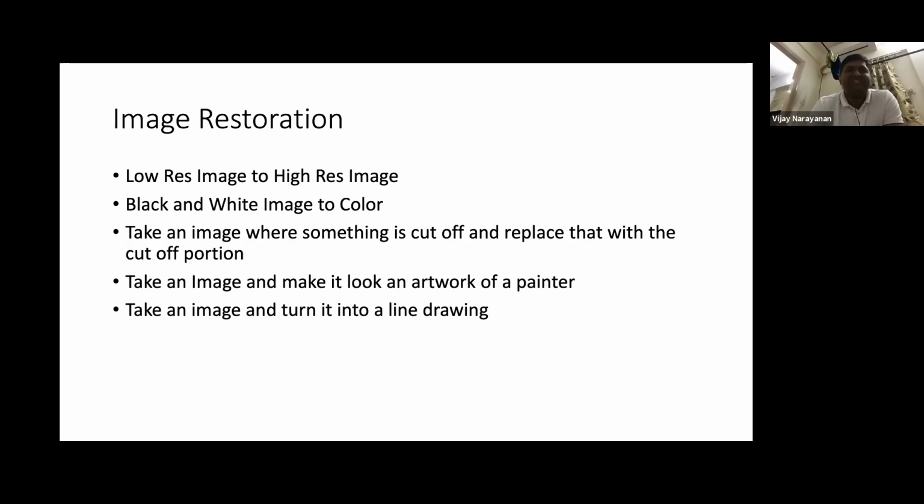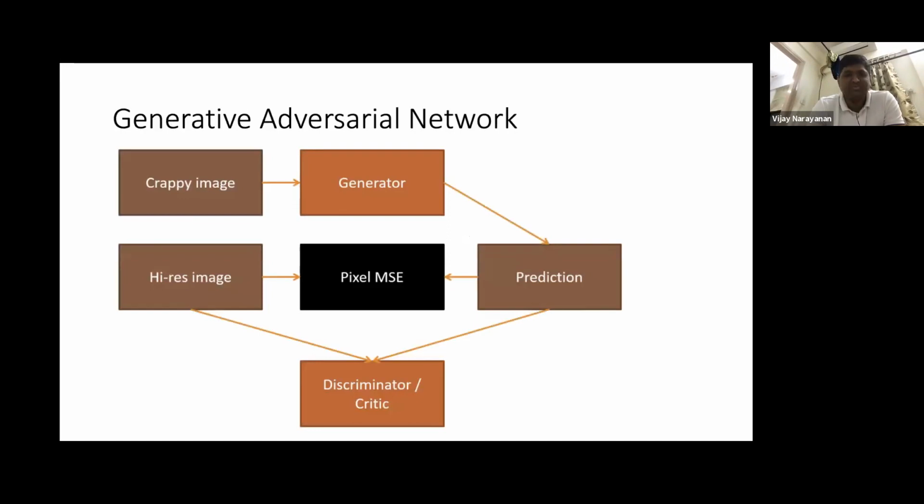These are all things you could do as part of image restoration. In our case, we're going to convert a low-res image into a high-res image. That's the first thing we do in this tutorial.